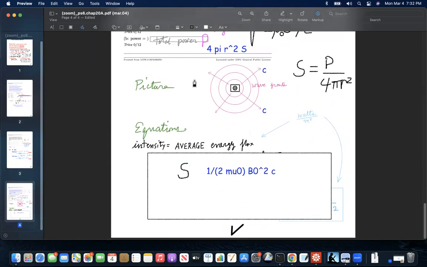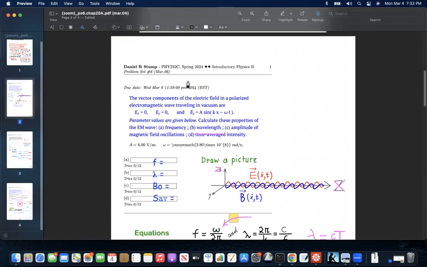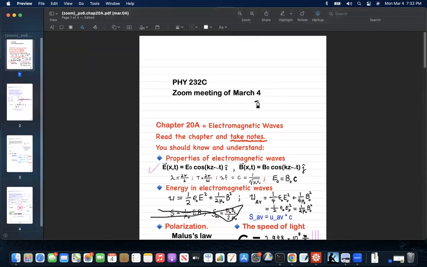Now, this is Monday, the 4th. That's chapter 20, part 1. After Wednesday is chapter 20, part 2. And then will be the second hour exam, the second midterm exam.